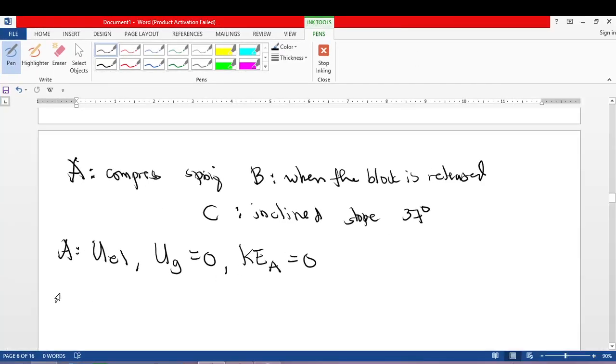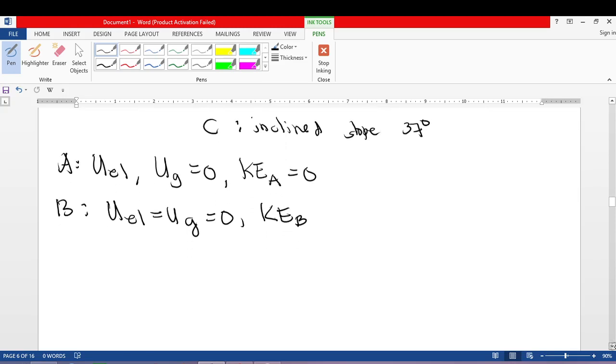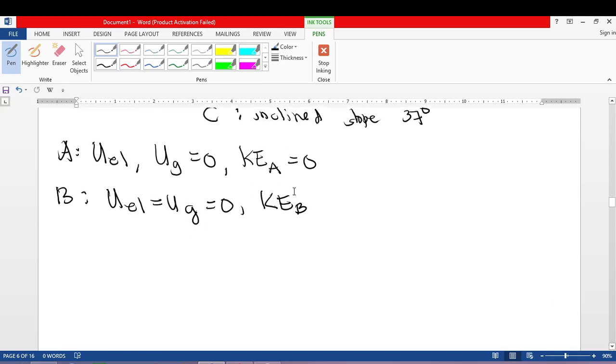Okay, so how about at point B? Unsay naa niya? Since all of the elastic potential energy is now converted to kinetic energy, so basically wala elastic, wala gravitational, pero naa siya kinetic energy. Okay, so yeah, we have to find the speed of the block as it is released. So we have 1/2 mv_A squared plus mgh_A plus 1/2 kx_A squared.